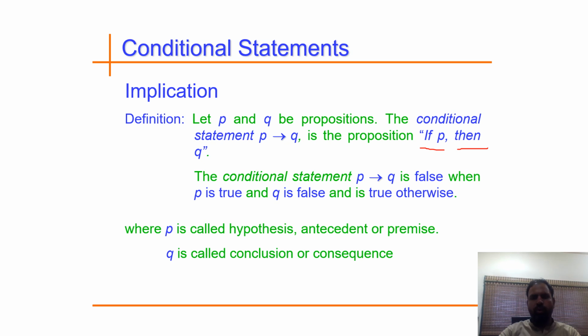When P is true and Q is false, it is false; otherwise, it will be true. Here P is called the hypothesis, antecedent, or premise, and Q is called the conclusion or consequence.